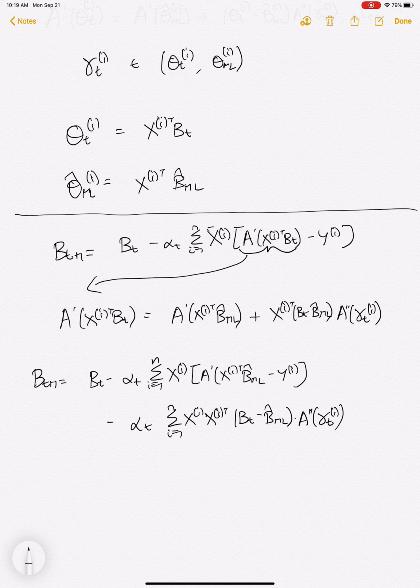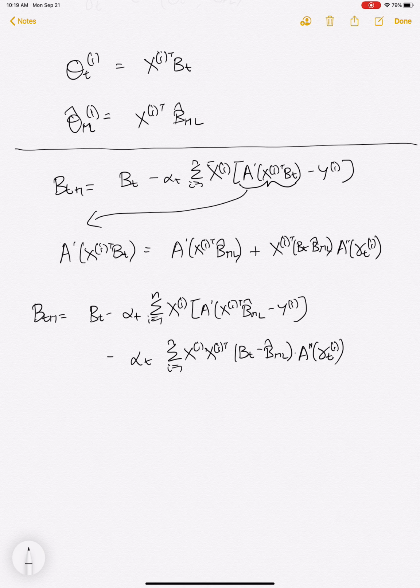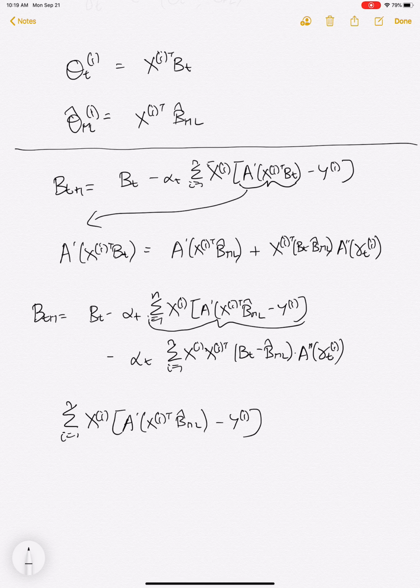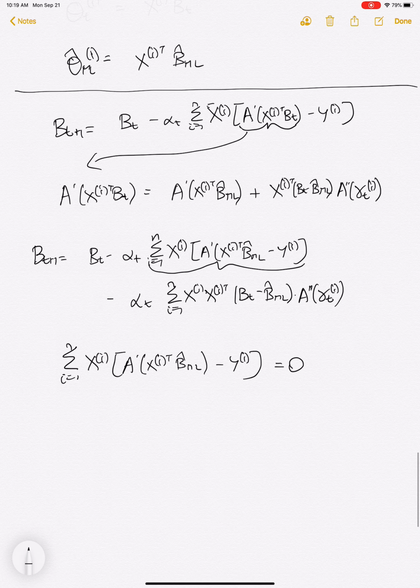Okay, so this is what we get as our update, and then let's look at this term here. Okay, so that term, it turns out that this is actually 0, and why is it 0? Remember that we know that the gradient f of beta hat ml is equal to 0, right?